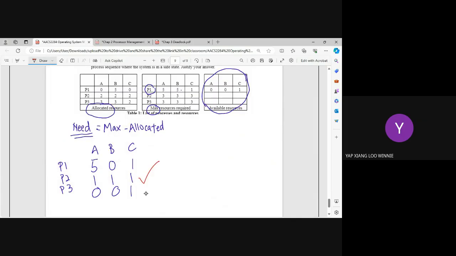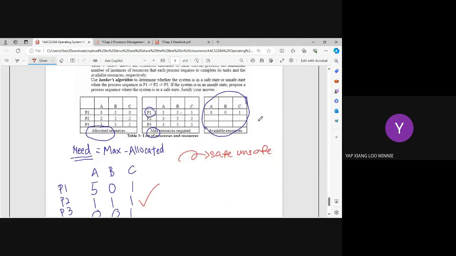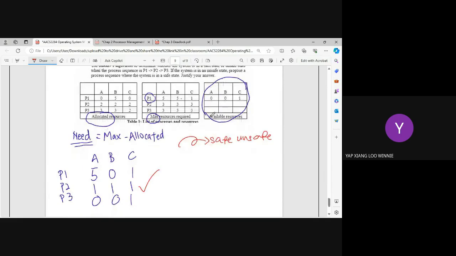So after you are done with the first part, now to go into the safe or unsafe state, you're going to look at something. We have to see our available resources. Are our available resources able to execute all of these processes? Now you already calculated, you know how many resources they still need so that they can finish the process.